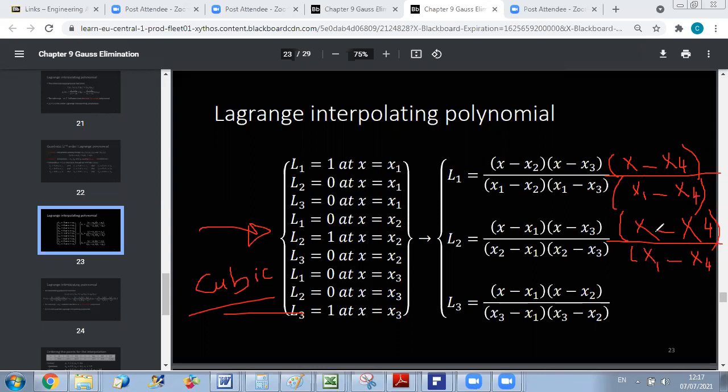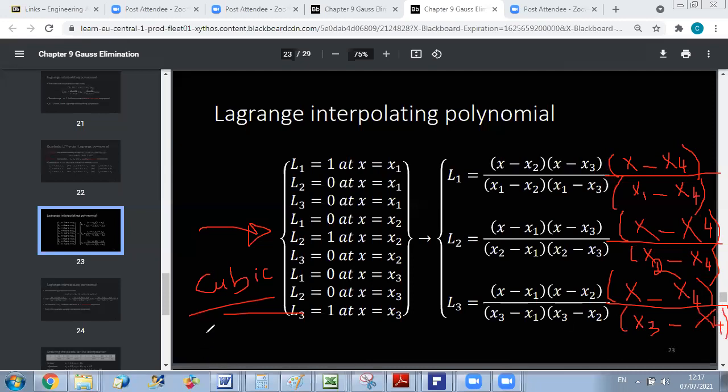Sorry, here it is x2. So x minus x4 over x2 minus x4. And here it will be times x minus x4 over x3 minus x4. And what should I add now to these operators?